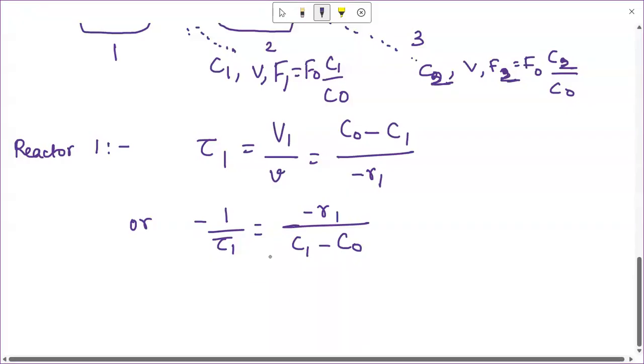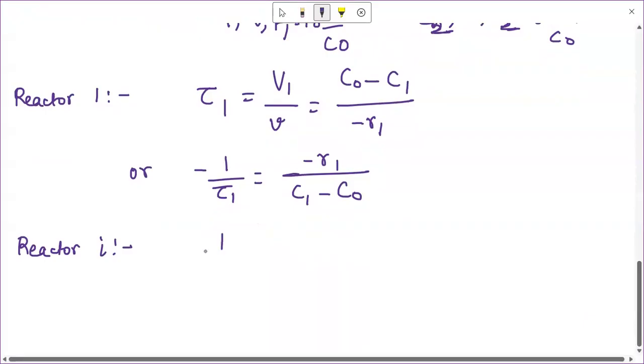Okay, so if we follow along these lines for the ith reactor, reactor i, you can simply write minus 1 by tau i equals minus Ri by Ci minus Ci minus 1. This is the notation that you can follow.